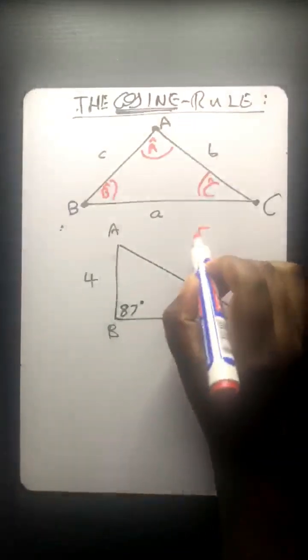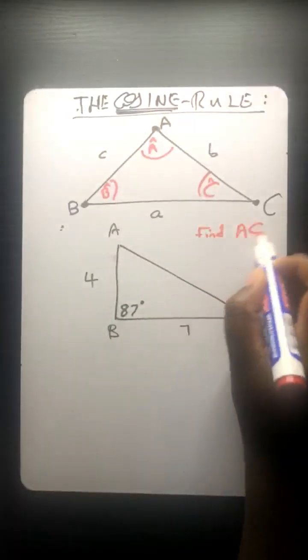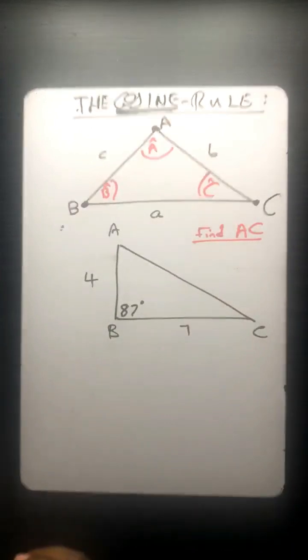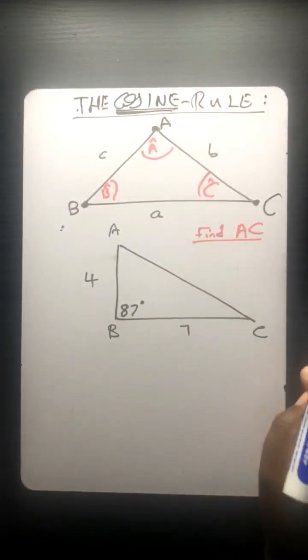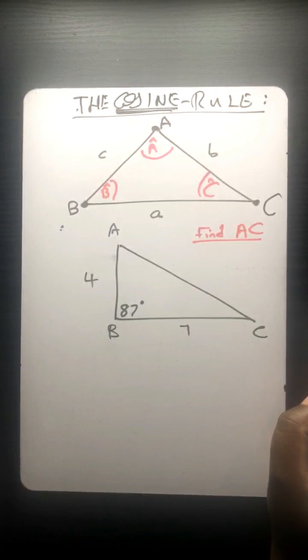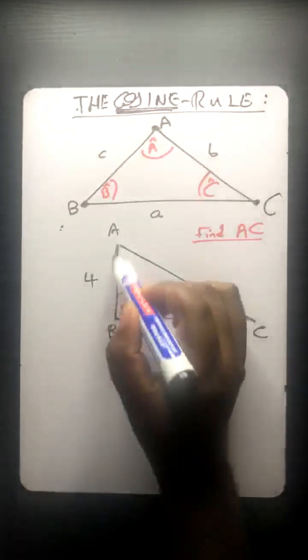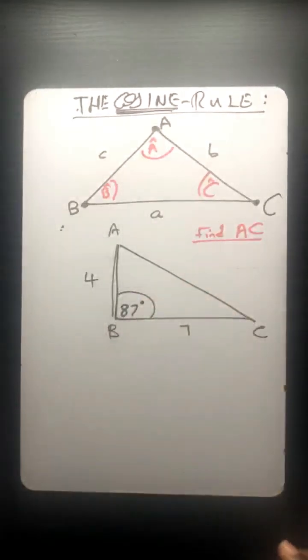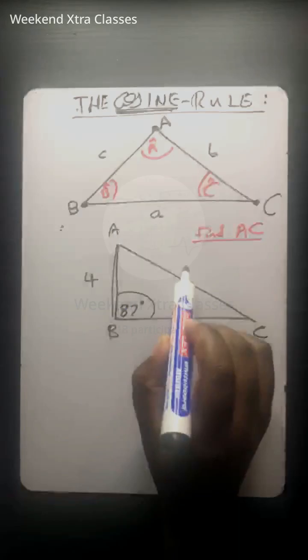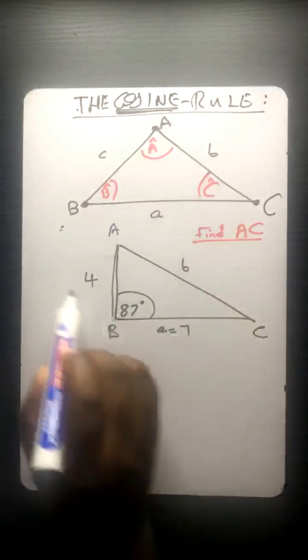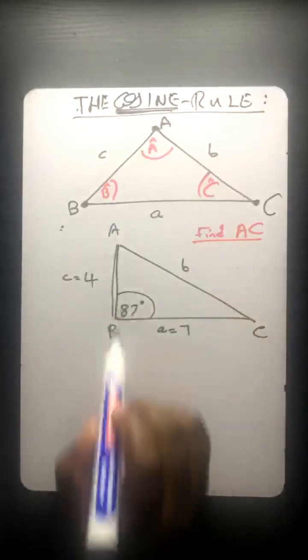find or calculate AC. So can you see? With me having that angle and having this side and that side, I can use the cosine rule. I know this side is small letter b, this one is small letter a, this one is small letter c, and I've got angle B there.